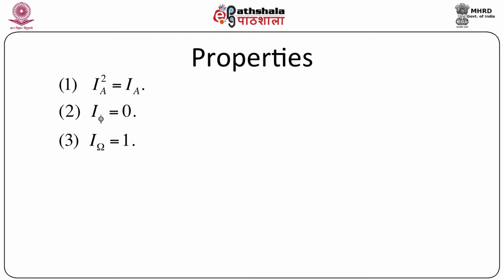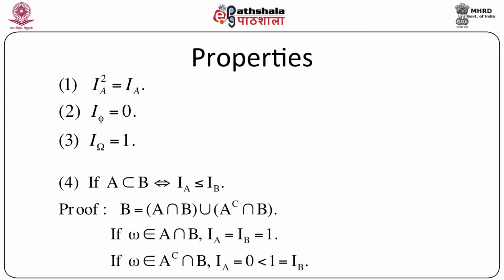Now, what about slightly more complicated things, but ultimately it will come out to be very, very simple. That is, if A is a subset of B, this is implied by and implies I_A is less than or equal to I_B. Now, the proof is extremely simple, just following the standard notations of results in set theory.